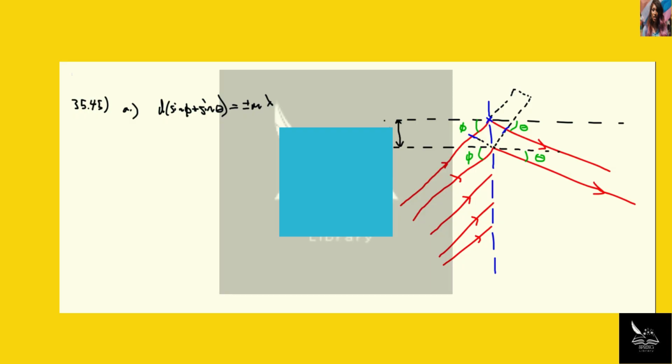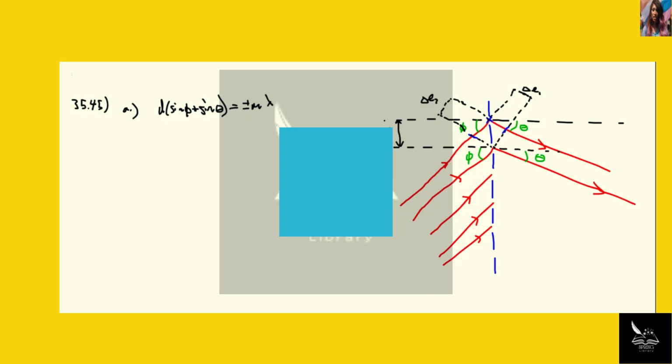If we're trying to find the path length gain, it is going to be this distance here, which we're going to call delta L2, and this distance up here, which we call delta L1. Now let's figure out how to find these.